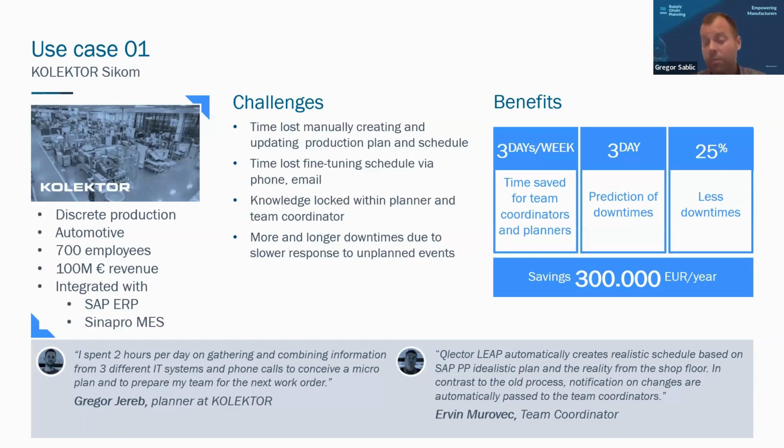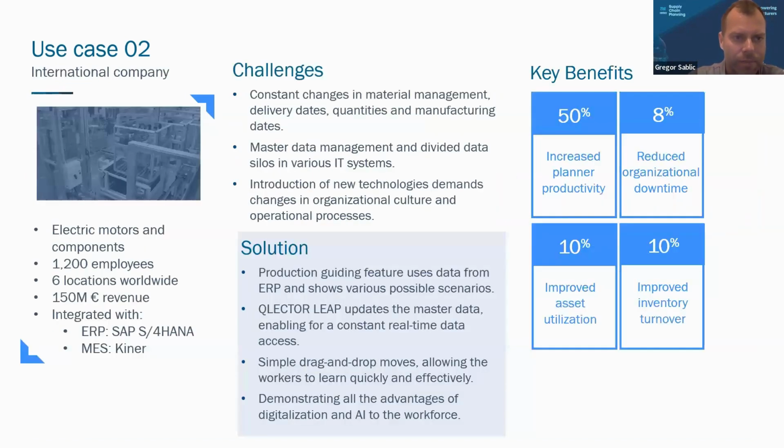After implementation, they gained 3 days of predictions ahead. Usually they're constantly firefighting, but these are upfront predictions. From this, they also reduced organizational downtimes, which directly influenced the OEE of the overall production area.